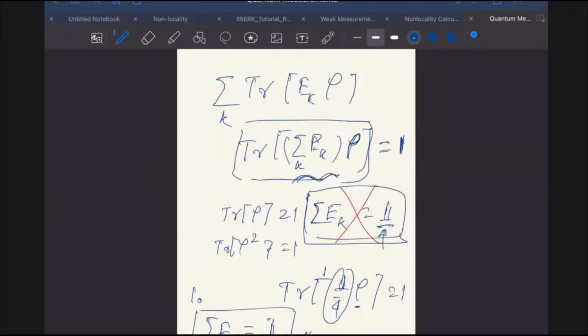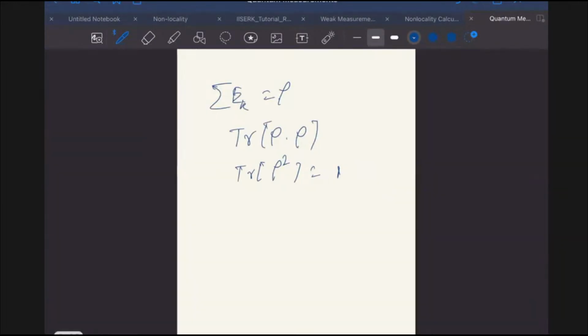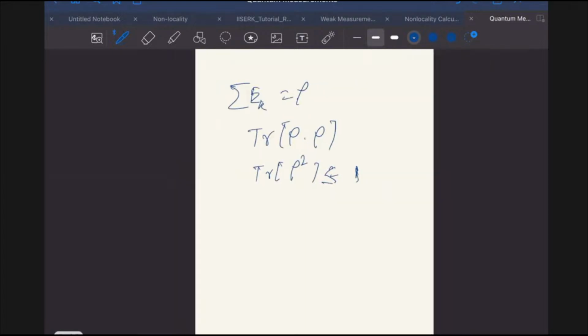It should be true for all rho, true for mixed states also. If it is true for mixed states also, then the only solution is the sum over ek equal to identity. Otherwise the trace of rho square will be less than 1. Exactly, that's what I'm telling. This is the most interesting part: probability normalization should be equal to 1 for any state.